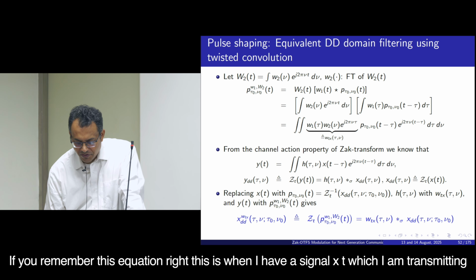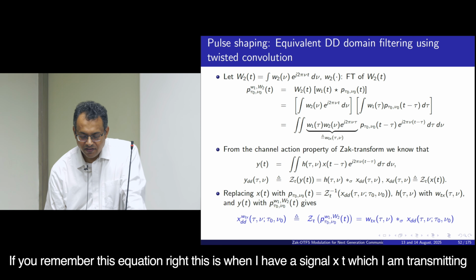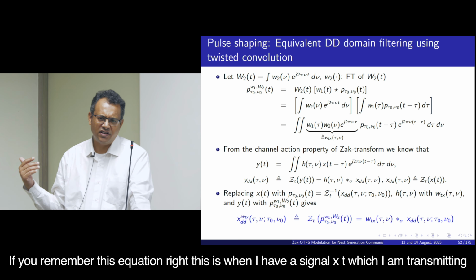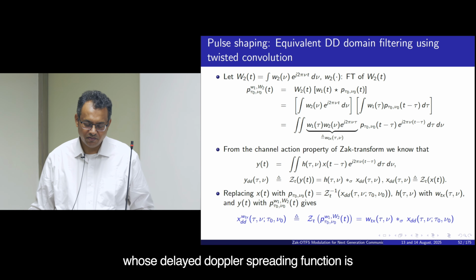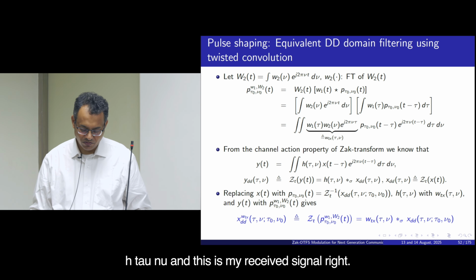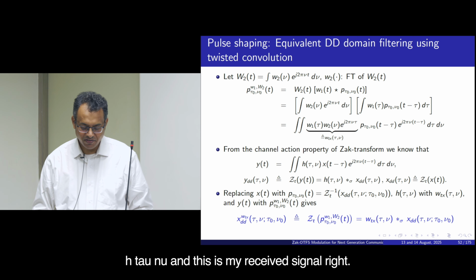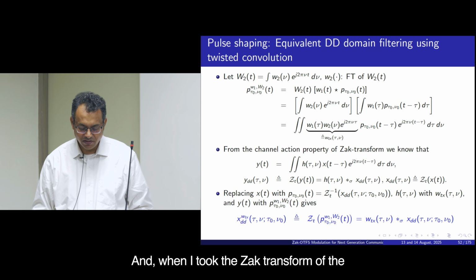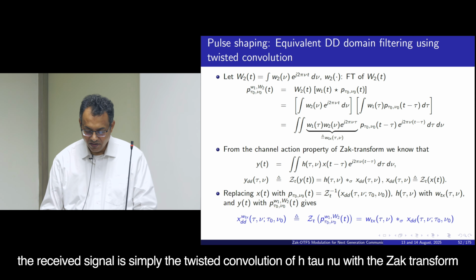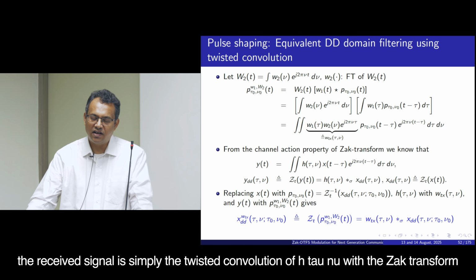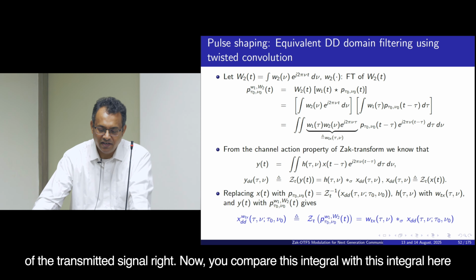If you remember this equation, right, this is when I have a signal x(t) which I am transmitting, it is passing through a doubly spread channel whose delay Doppler spreading function is h(tau, nu), and this is my received signal, right. And when I took the Zak transform of the received signal, this is the result that we have seen, right, that the Zak transform of the received signal is simply the twisted convolution of h(tau, nu) with the Zak transform of the transmitted signal, right.